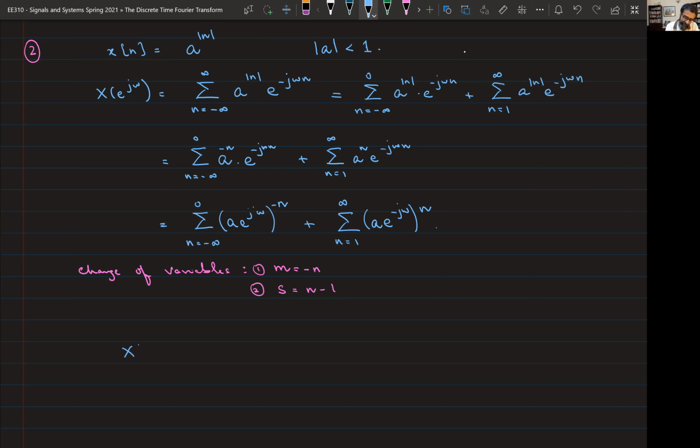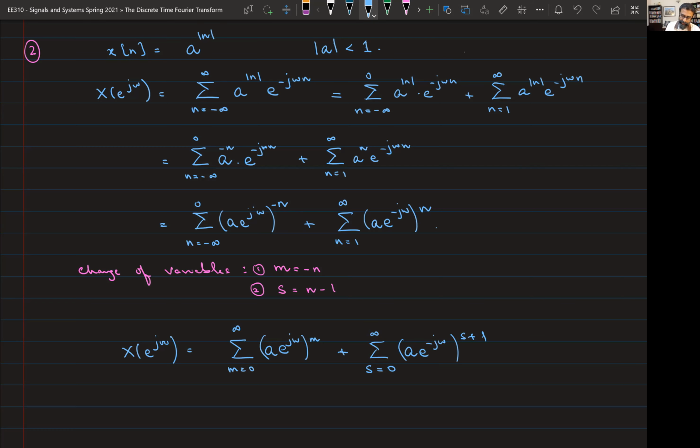And therefore, this X of e raised to j omega becomes equal to the summation m equals 0 to infinity of a e raised to power j omega raised to power m, plus the summation with s going from 0 to infinity of a e raised to power minus j omega, where n is equal to s plus 1.